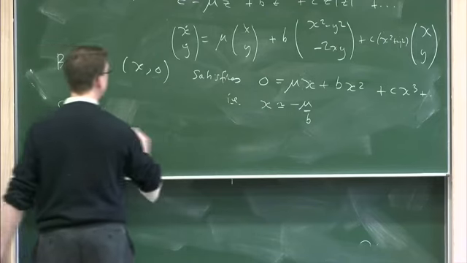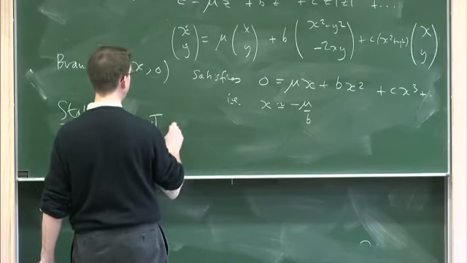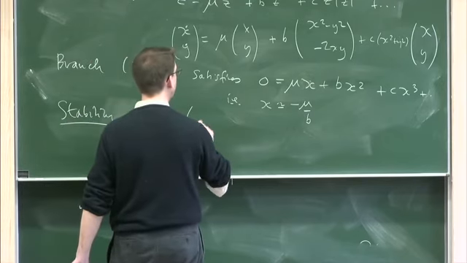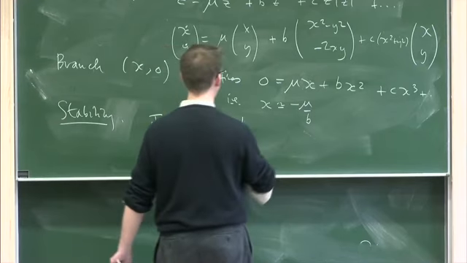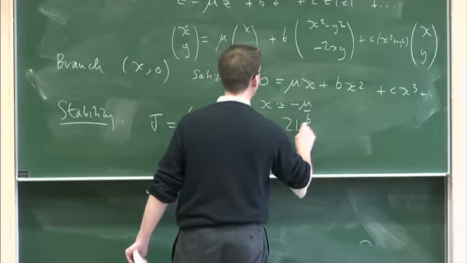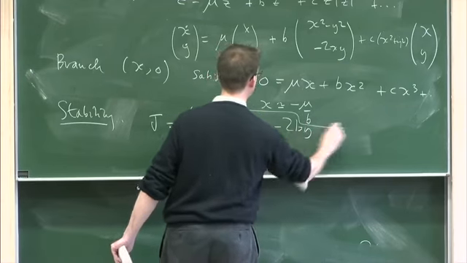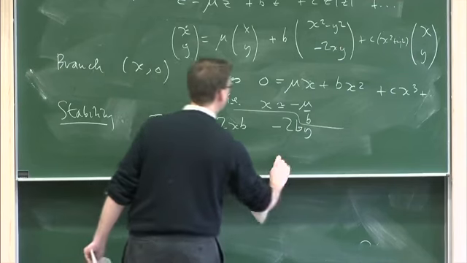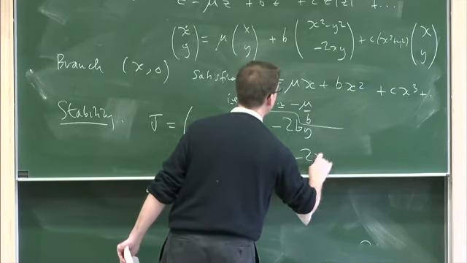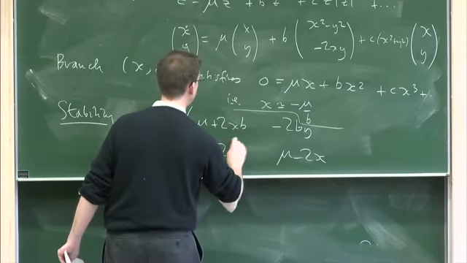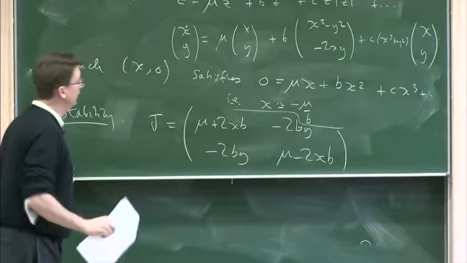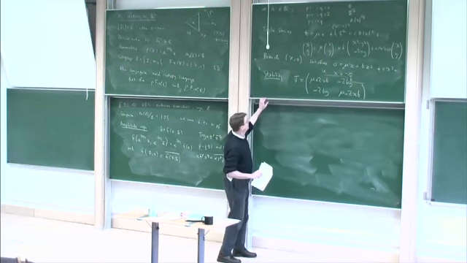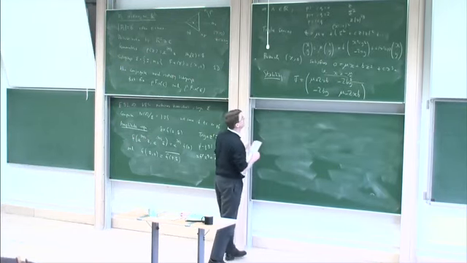If I then think about stability, my Jacobian matrix is going to roughly look like mu plus 2xb, minus 2by, mu minus 2x, and then a minus 2by. I'm doing this just to pull out something that is slightly unusual.